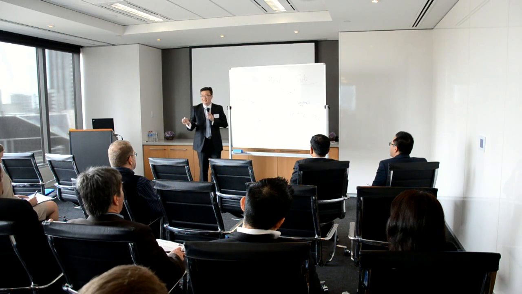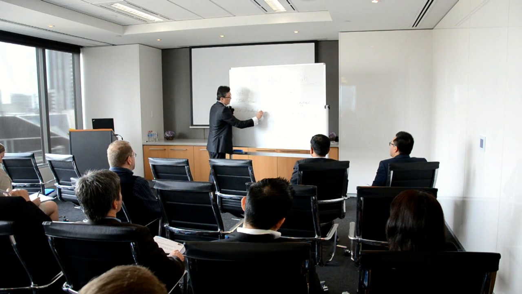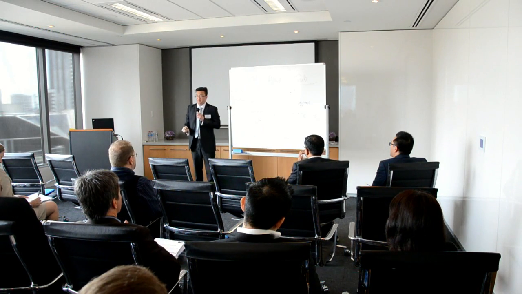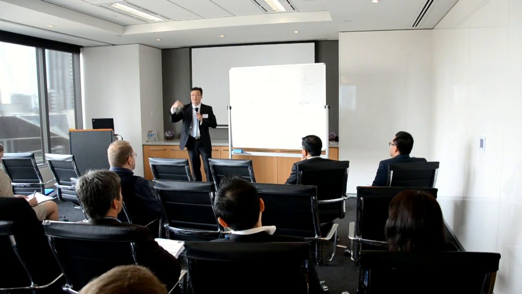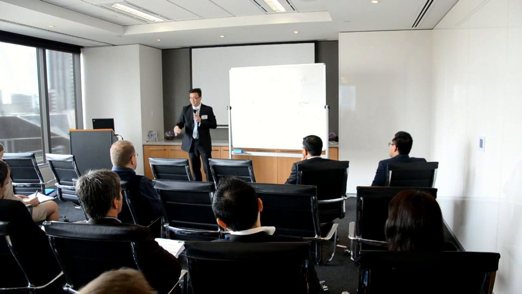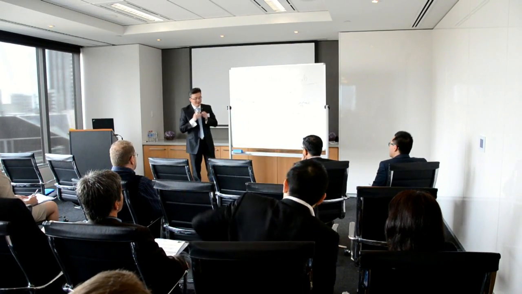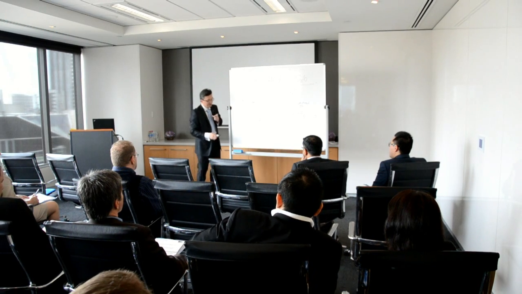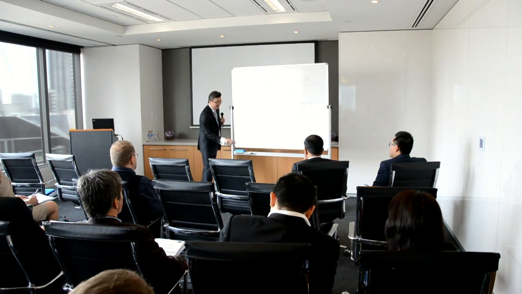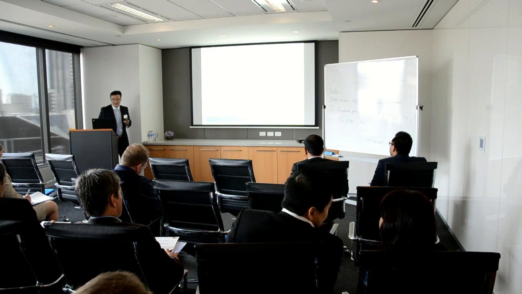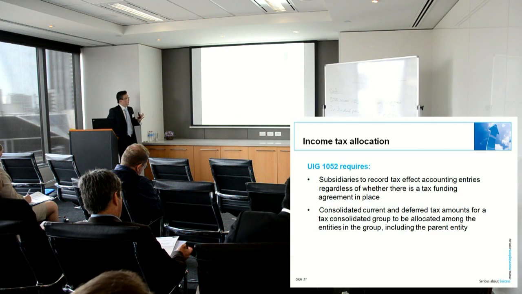If you don't have a tax funding agreement, or tax payment, the head company treats it as a dividend income. So better off having a tax funding agreement in place. Hopefully this will make the next few slides easier to understand.